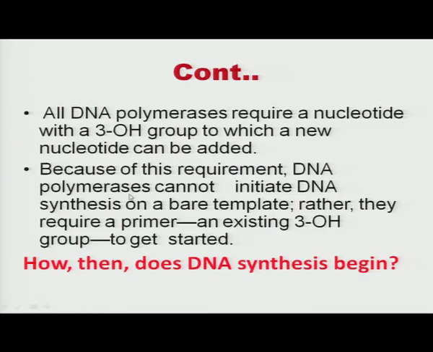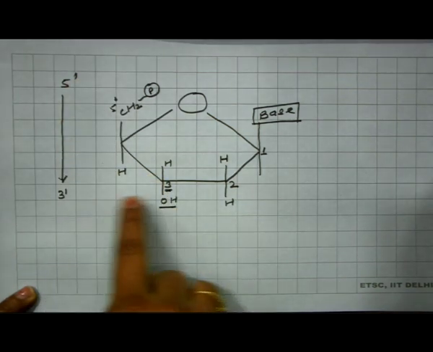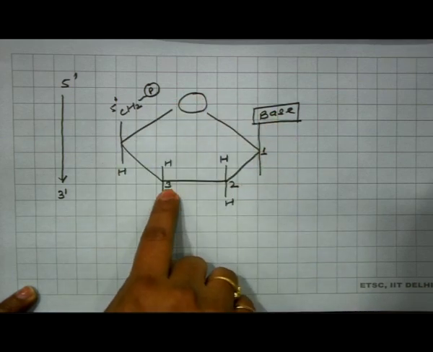Now, here comes another important question. All DNA polymerases require a nucleotide with a 3 end OH group to which a new nucleotide can be added. As I explained earlier, DNA replication is always in the 5 to 3 direction, and this particular nucleotide has OH at the 3 end.